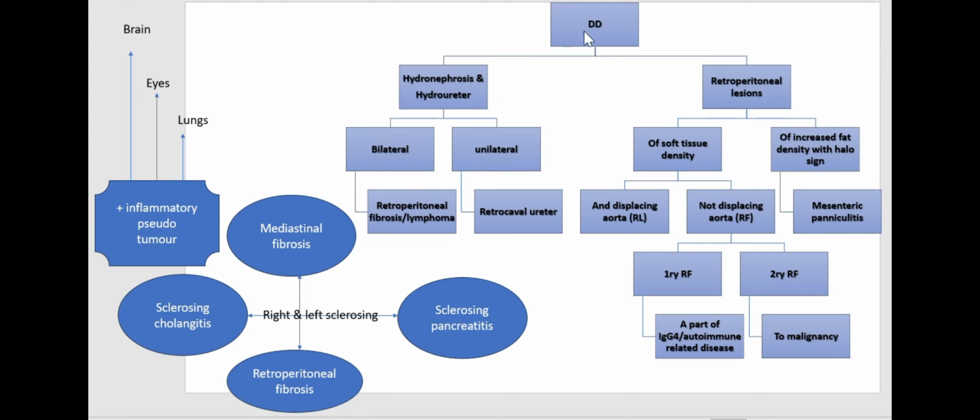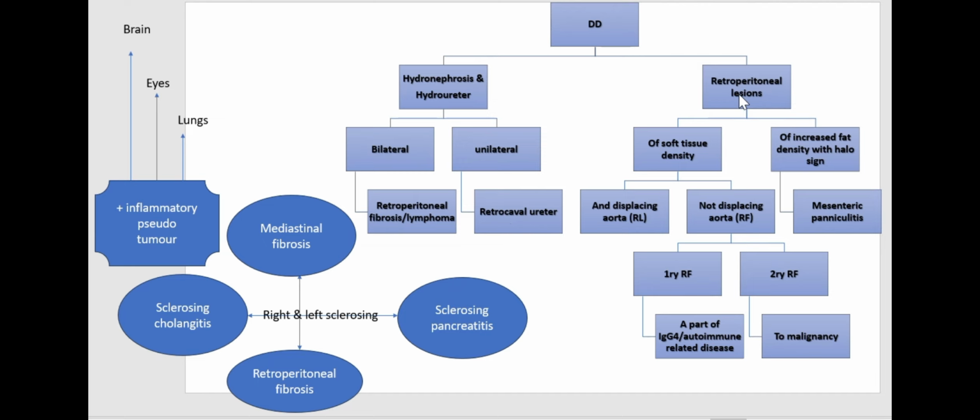So the differential diagnosis here is according to the hydronephrosis and the hydroureter, and also according to the retroperitoneal lesion. If the hydronephrosis and the hydroureter is bilateral, think of retroperitoneal fibrosis or lymphoma. If it is unilateral, think of retrocaval ureter.